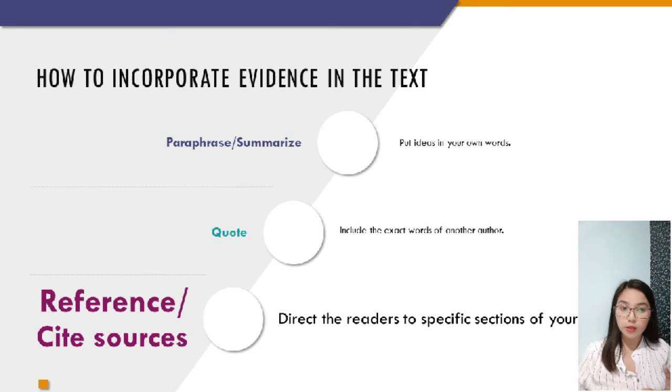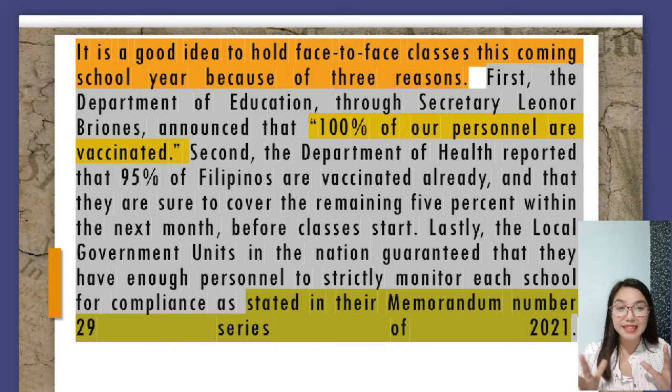So this one is an example. Let me read to you first. Again, let me make my disclaimer. This is just a made-up claim and evidences. I just made this up just for the sake of this lecture video. So it is a good idea to hold face-to-face classes this coming school year because of three reasons. First, the Department of Education through Secretary Leonor Briones announced that 100% of our personnel are vaccinated.